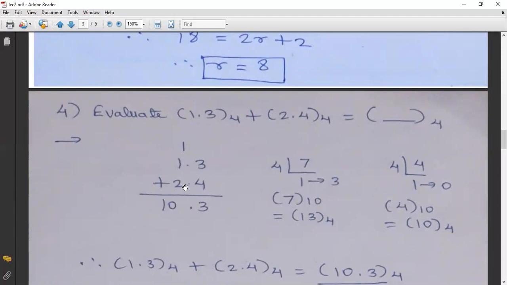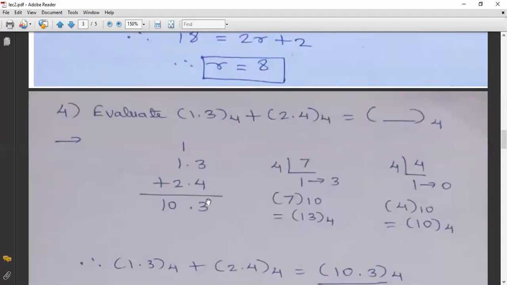So 1.3 plus 2.4. Now as we know, the base is 4, but when we perform the addition of this system, we will get the result in a decimal form. But we don't want it in a decimal form. We want it in a base 4 form. So let us see what we are going to do.